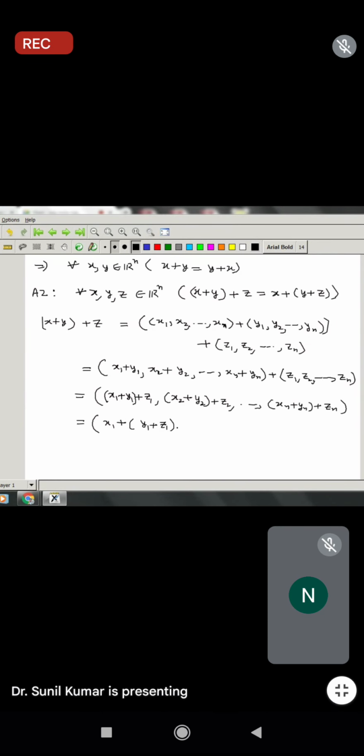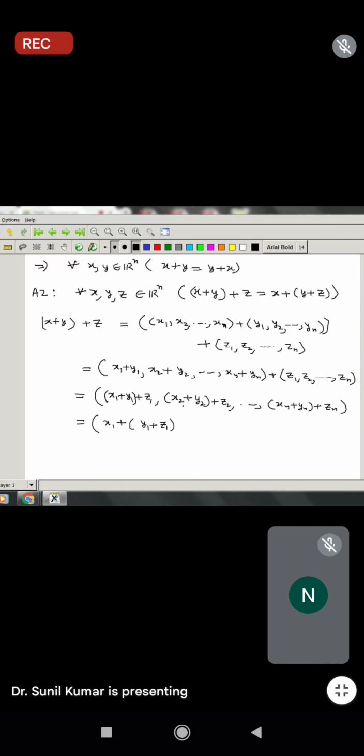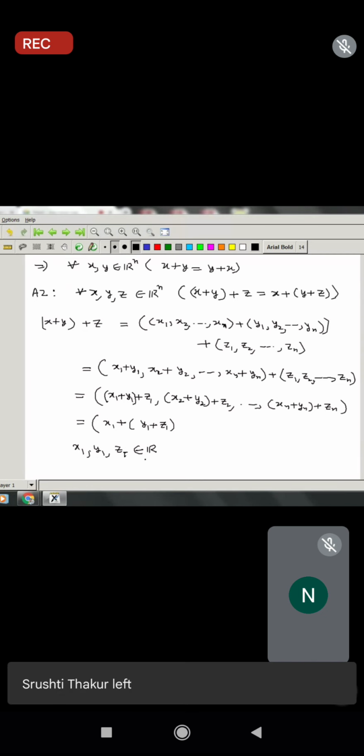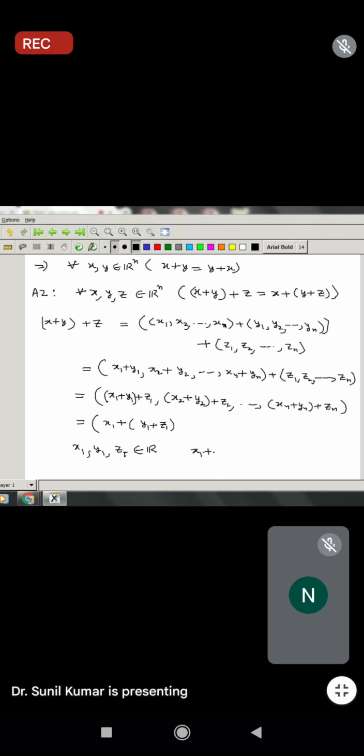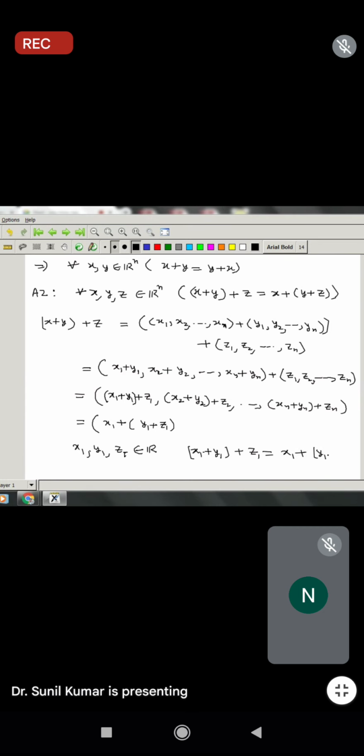Why did you write it like this? Sir, because x, y, z belong to Rn, and in Rn we have to prove associativity. So how can we interchange the brackets like this? Associativity holds in real numbers, because x1, y1, z1 are real numbers, they belong to the real numbers, right? And real numbers satisfy associativity, so (x1 plus y1) plus z1 we can write as x1 plus (y1 plus z1). So because of the associativity of real numbers, we can write this.